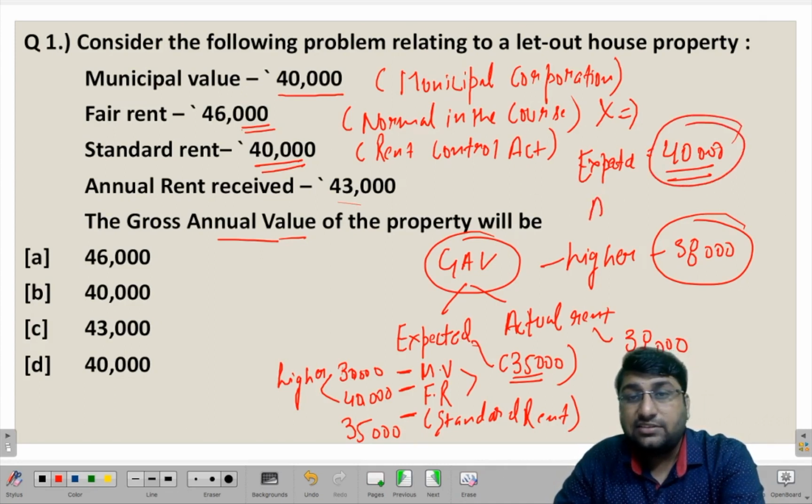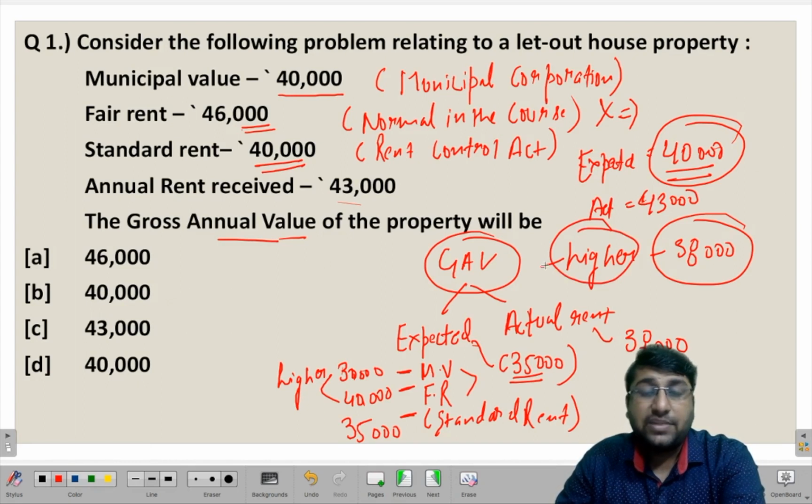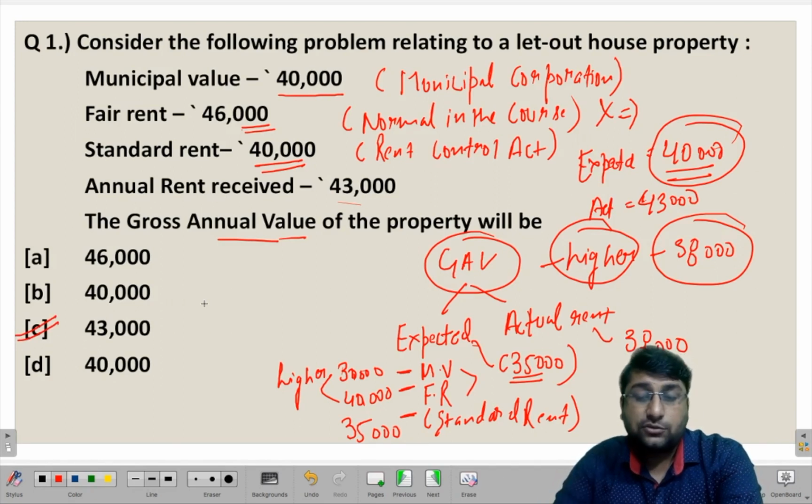And the actual rent received is 43,000. As I have just told you, the higher value of expected rent and actual rent becomes the gross annual value. So in this case, the higher value is 43,000, that is your actual rent received. Hence, the clear cut answer will be 43,000, that is C. So that was all for this particular question. Moving to the next question now.